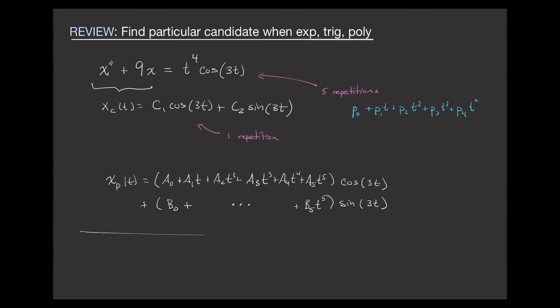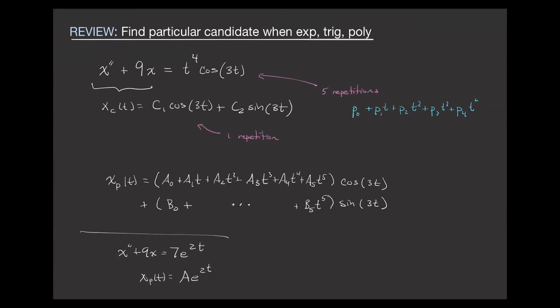In the past, if you had, let's say, x double prime plus 9x equals 7 e to the 2t, you would pick the particular solution to be equal to, in this case, since there's no repetition between the complementary solution and the non-homogeneous part, a times e to the 2t, where a is just unknown, but you will be able to solve for it once you feed this particular solution back through the differential equation.